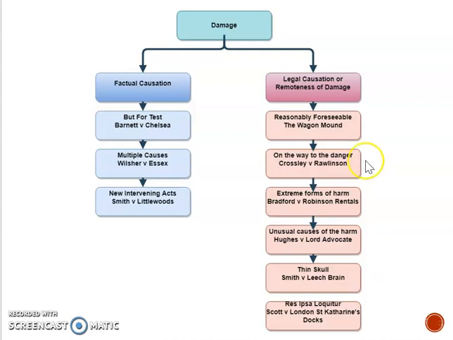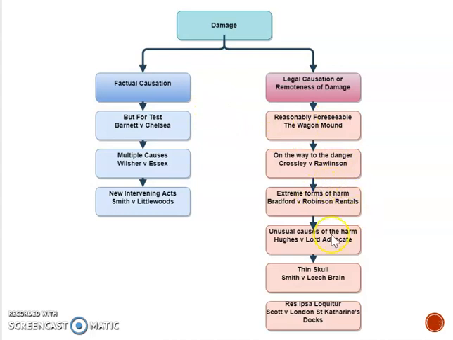So I want to end with this summary slide here, which shows you what I've just talked you through, that in order to prove damage, firstly, we need to prove factual causation using the but-for test from Barnett, but we need to be aware of multiple causes and new and intervening acts. We also need to prove legal causation or remoteness of damage, and that basically means that the damage must be reasonably foreseeable.